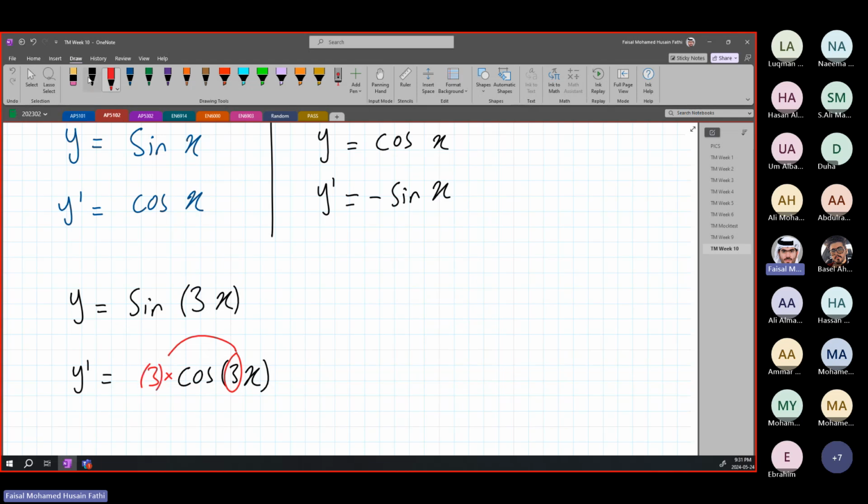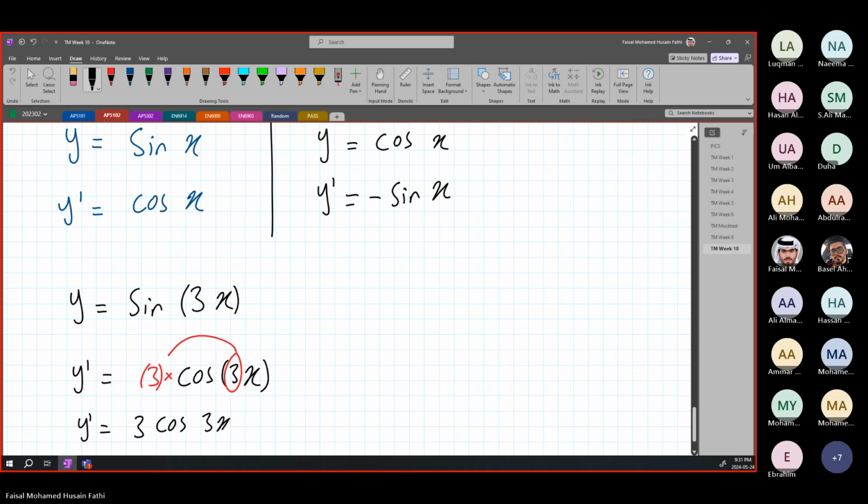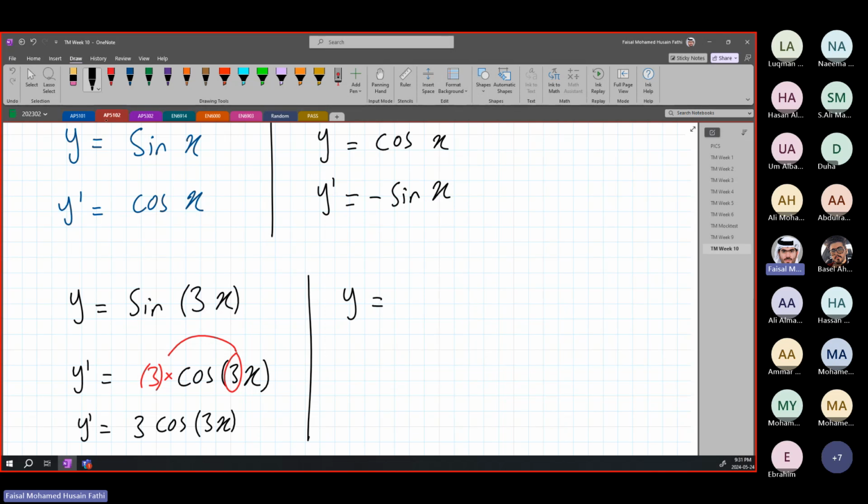So this is the only thing that will be changing. So y prime will actually be 3 cosine 3x, okay? So if you have a constant here, you're just going to multiply the entire function by that constant as well. Same thing for cosine. So let's say y is equal to cosine of, or let me say minus 2x.